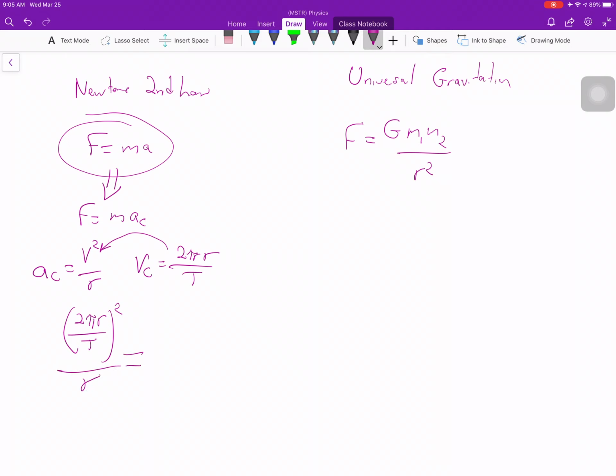So when we do that, we will get 4 pi squared r squared over T squared, all over r. We're going to cancel out one of the r's. And so we're going to get that centripetal acceleration is equal to 4 pi squared r all over T squared.